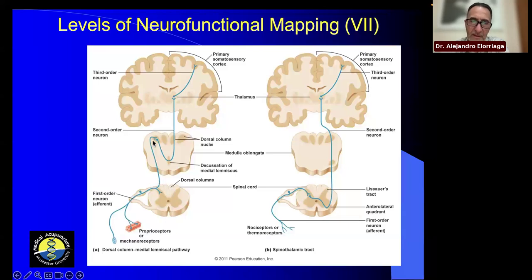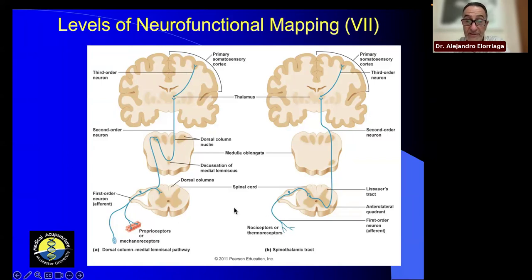When those signals reach the medulla oblongata, already above the spinal cord, they make a bit of a U-turn that takes the signals to the other side. This decussation of the medial lemniscus has been compared to the shape of a knee. And then from the thalamus, again, the information will be spread out in different cortical regions.